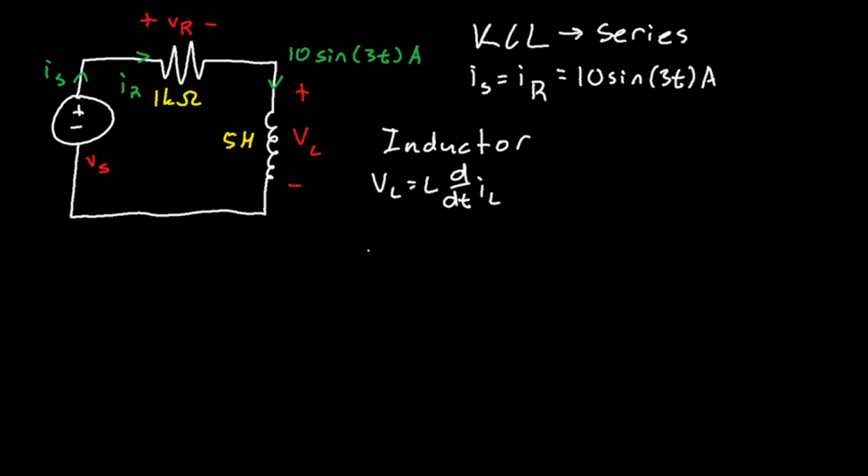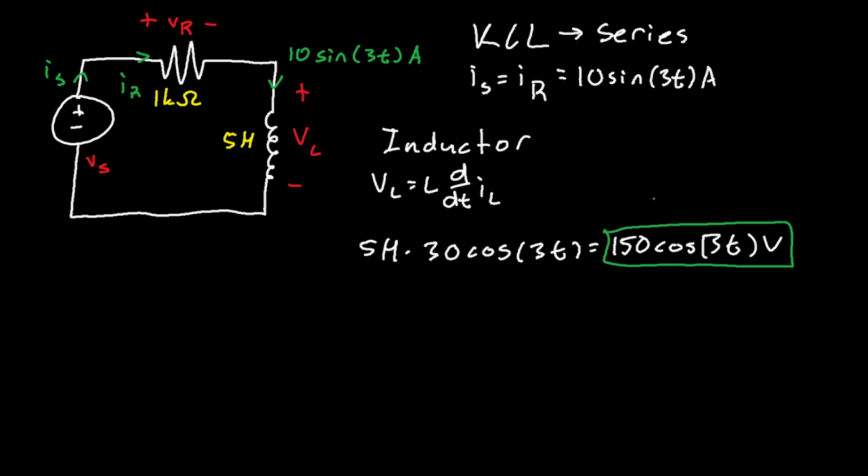So 5 Henries times the derivative of your current, which is 30 cosine of 3t amps. All this equals 150 cosine of 3t volts. So this right here is your voltage at your inductor.